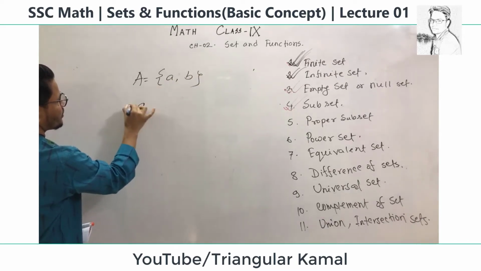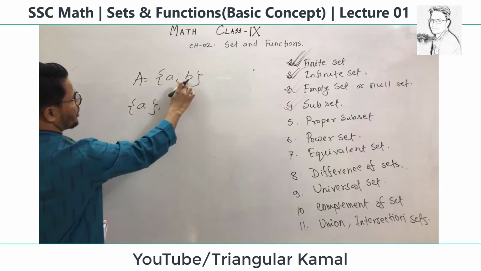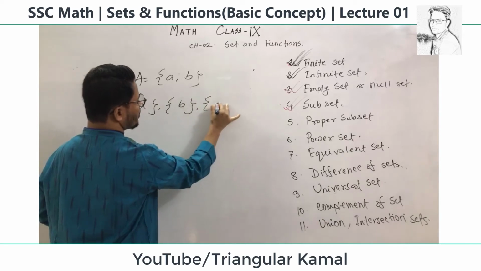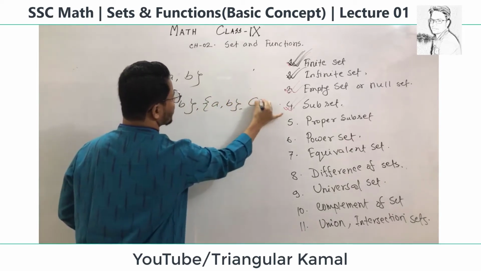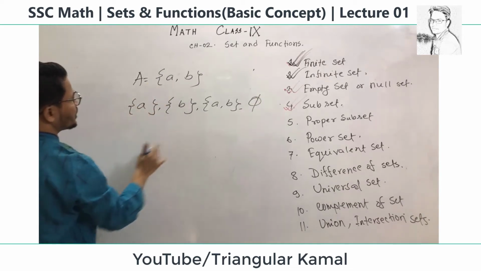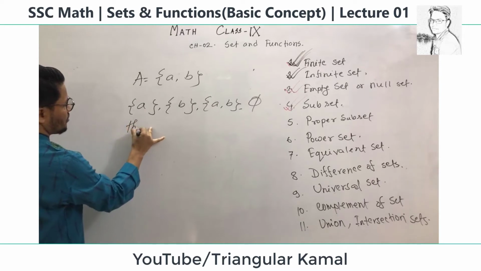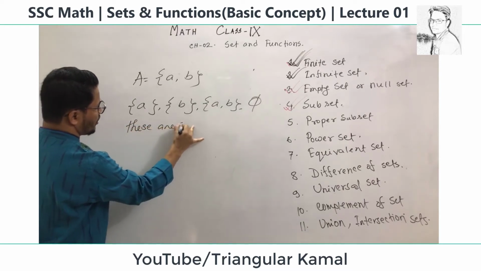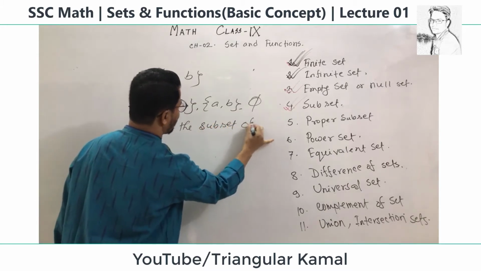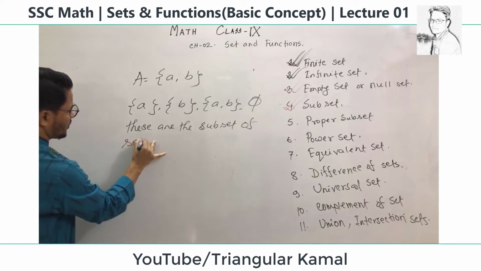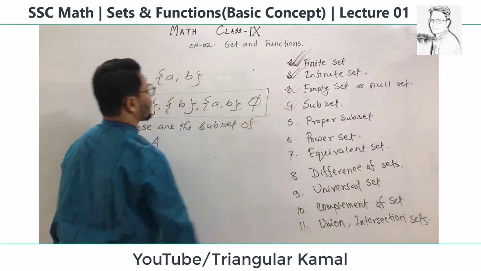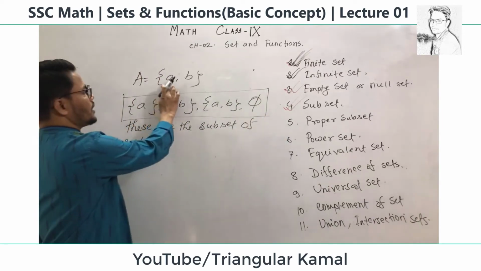A is a single element, B is another element, then A and B together, and the final one is the empty set. So these are the subsets of set A.